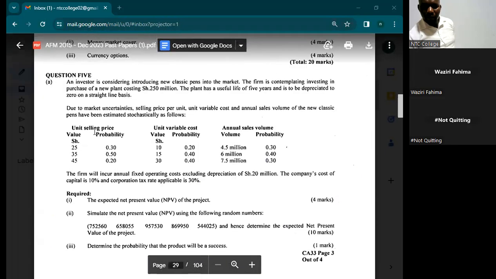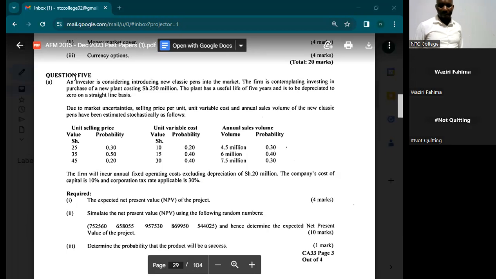Are you seeing the question? Question 5A. Now the question says that an investor is considering introducing new classic pens into the market. The firm is contemplating investing in the purchase of a new plant costing 250 million. What is 250 million?